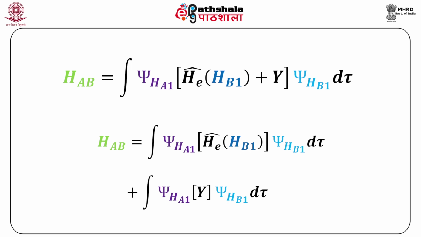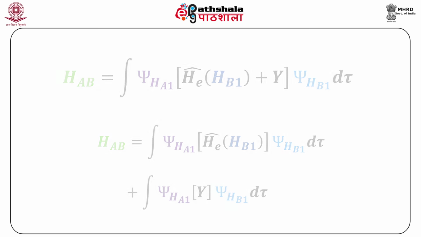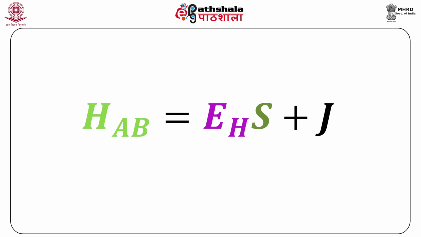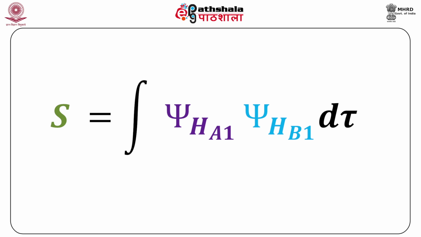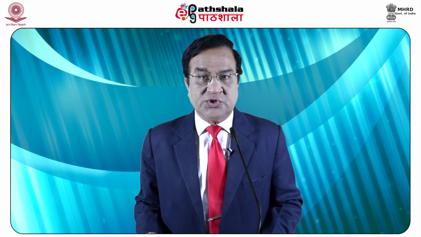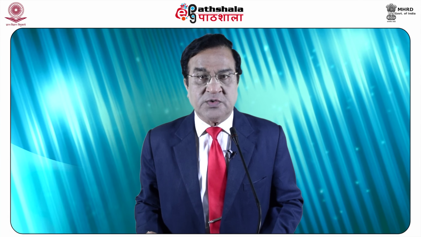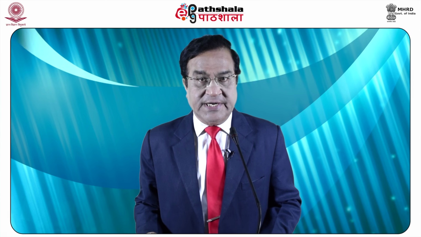If we substitute this value of the electronic Hamiltonian and then solve this integral, ultimately we get, as you can see here, HAB equals the energy of the hydrogen atom, EH, multiplied by S plus J. S is the overlap integral, given by the integral d tau psi HA1 psi HB1, and J is an integral which we will study in detail later on.